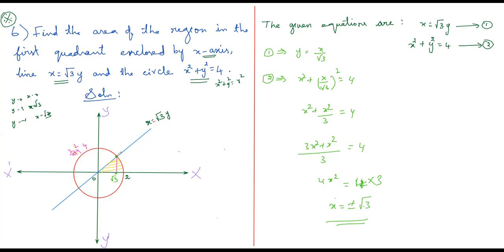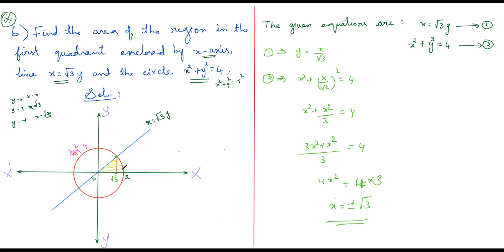The line comes up to root 3, and from root 3 only the curve starts. That is the circle. When you are taking the equation of the circle, the limit is from root 3 to 2. From 0 to root 3 you have the equation of the line.